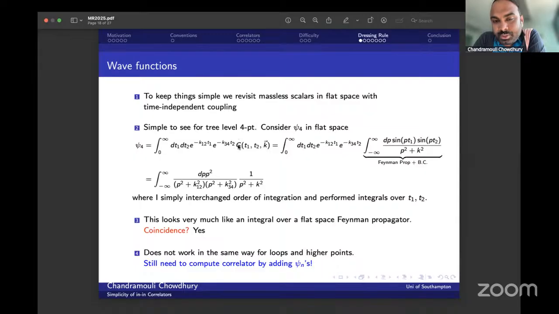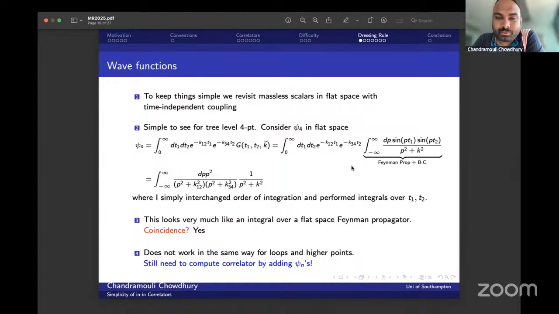And if I substitute the expression for the propagator that I wrote before, except that previously I had written it in a form where I had done this P integral and had some theta functions, but let's say I didn't do that. This is almost your usual Feynman propagator, but the fact that you have signs in the numerator just indicates that you have Dirichlet boundary conditions.